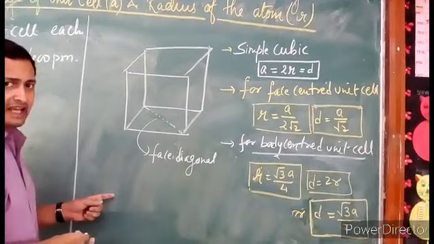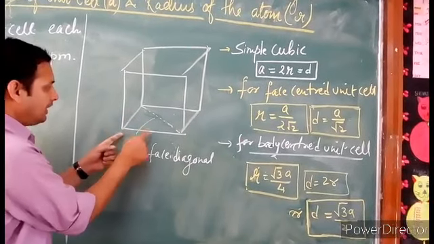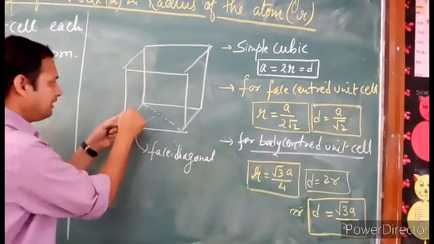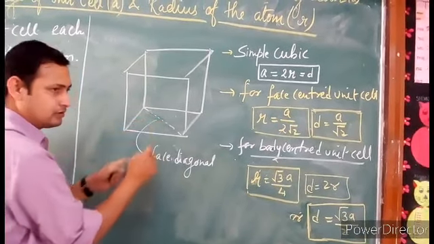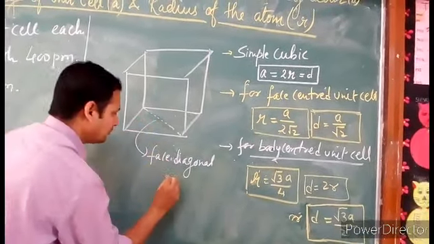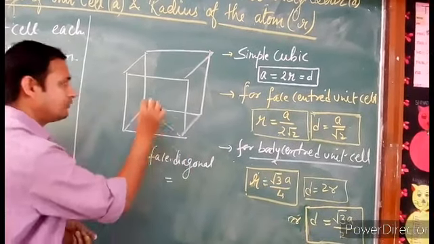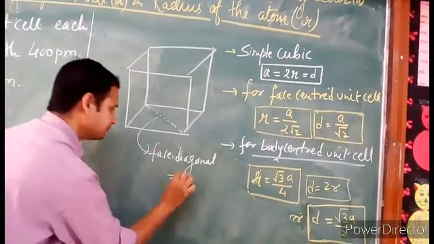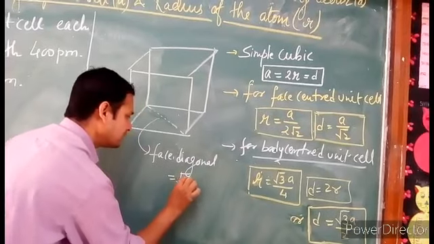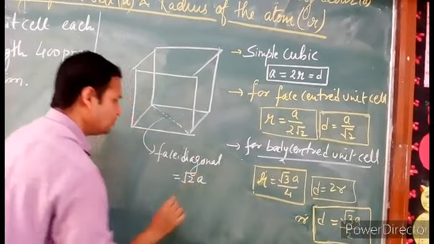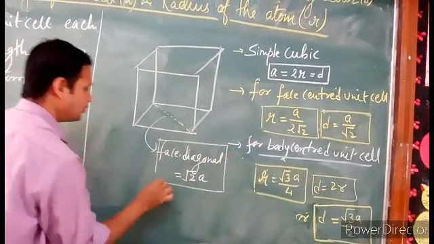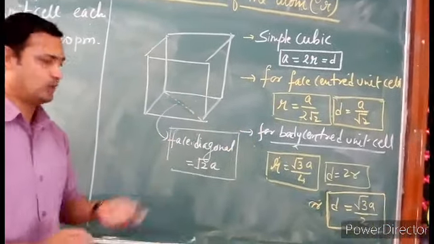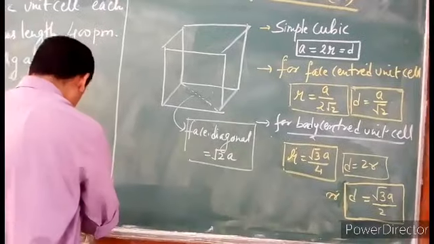The value of the face diagonal by Pythagoras theorem: the value of this is a and a. This will come to what? Root 2a. So the face diagonal value of any cube is how much? Root 2a. This we have to keep in mind. Face diagonal of a cube is how much? Root 2a.